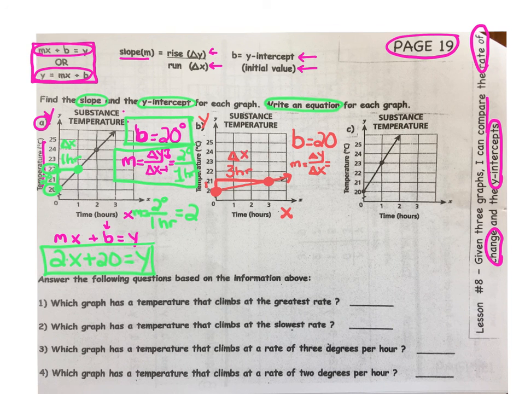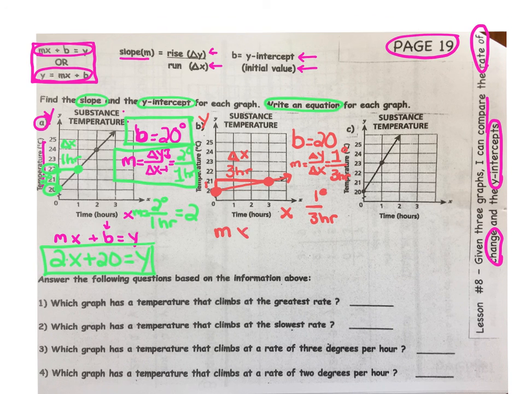That's our delta x. So it goes up 1 degree per every 3 hours. That is our slope, or our rate of change. And we're going to leave it in that fraction form, 1/3.